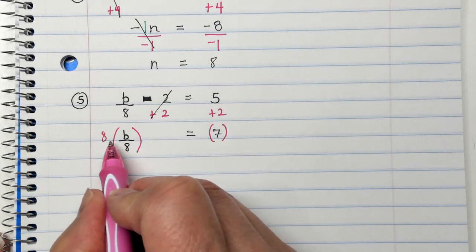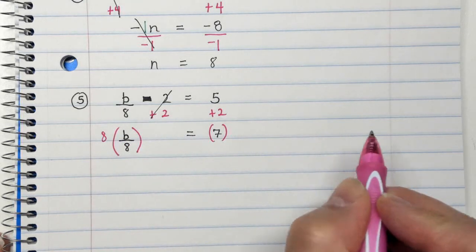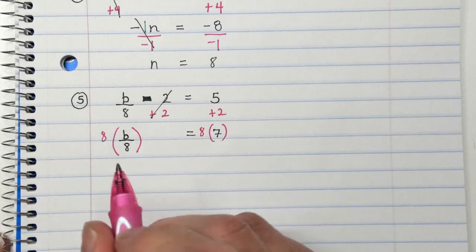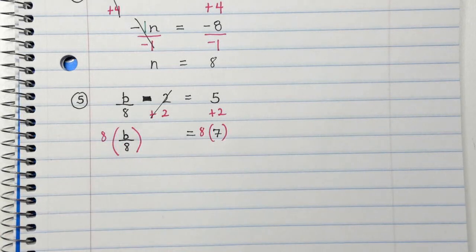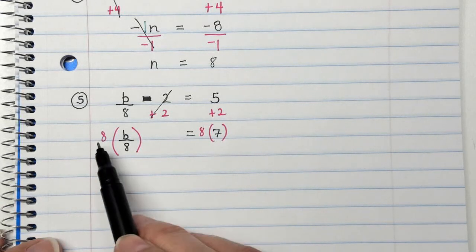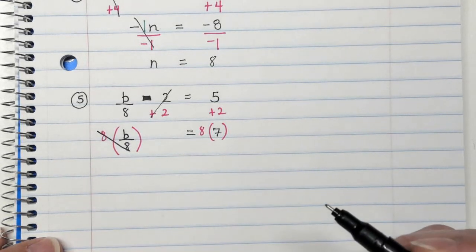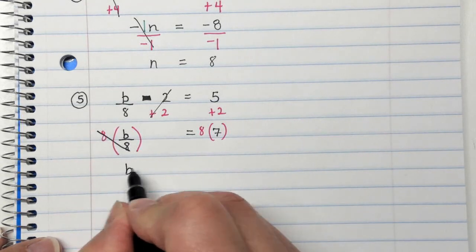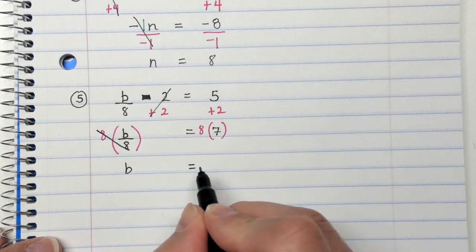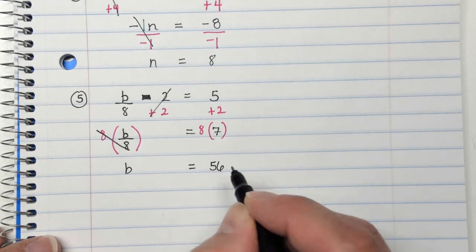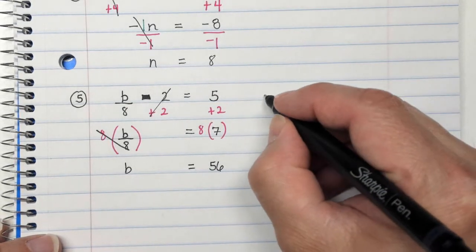It's on top of the line on your paper. Notice how both 8s are on the top of that line. Same level. Okay, and then you got 8 divided by 8, which cancels. B, equal sign goes straight down. 8 times 7 is 56. Your turn.